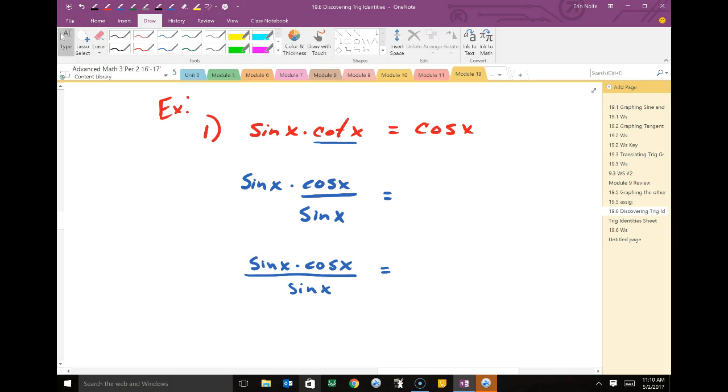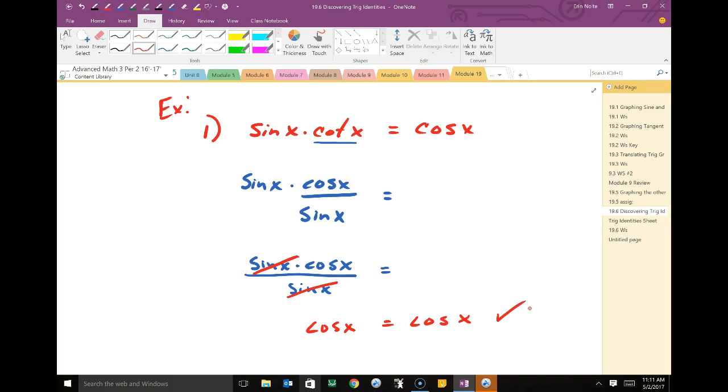What happens at this point? Everybody see how I have a sine on the top and a sine on the bottom? They cancel out, and what is left over? Cosine. So I have now proven that sine times cotangent is equal to cosine. I am doing a proof behind an identity. Everybody follow that logic?